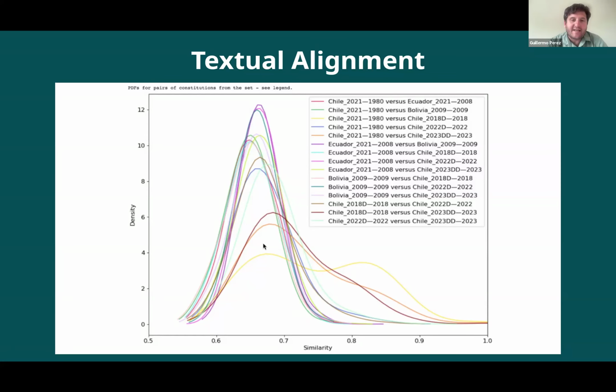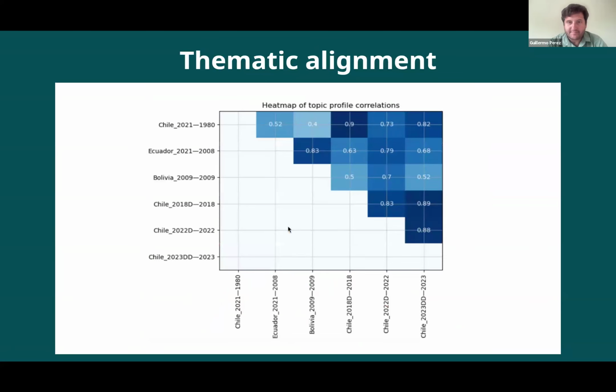Moving on to the next slide. This figure presents a heat map of topic profile correlations using the Pearson coefficient, and the Pearson coefficient measures whether constitutions prioritize similar topics, rank them similarly. When the value is high, it means that both constitutions assign high importance to a similar range of topics and prioritize them in a similar way.